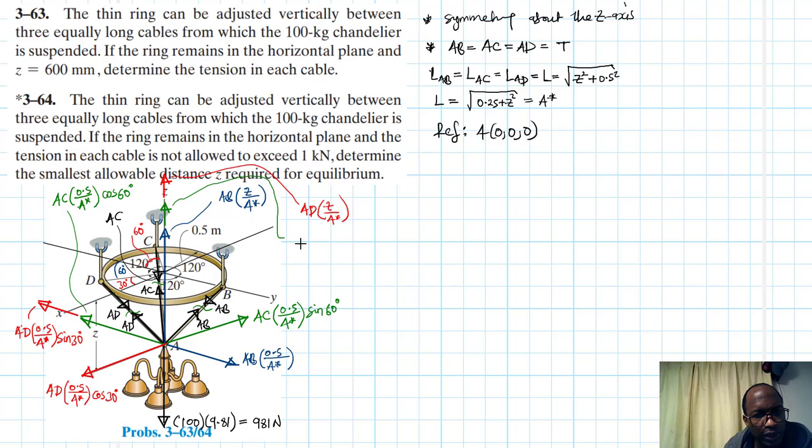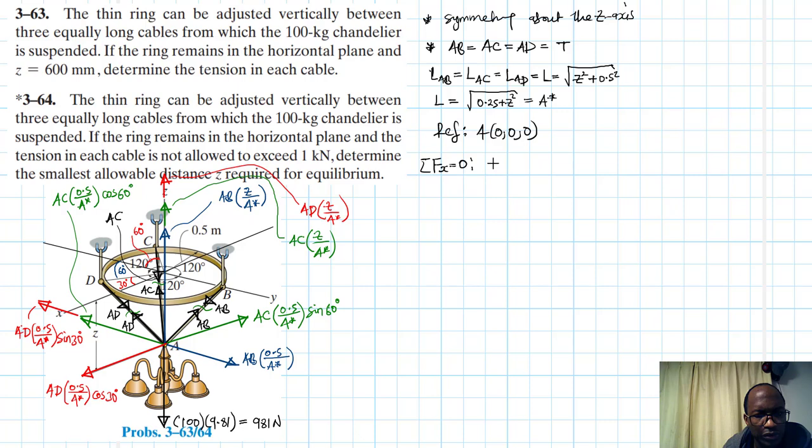So this one is AC, Z, A star. Great, so let's write down the equations of equilibrium. We have summation of forces in the x equal to 0. So in the x, what do we have? We have this, and then we have the other one.